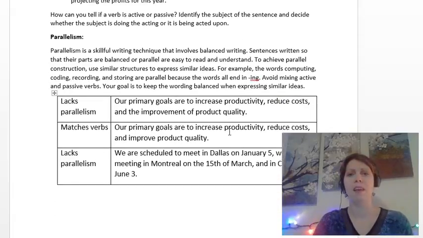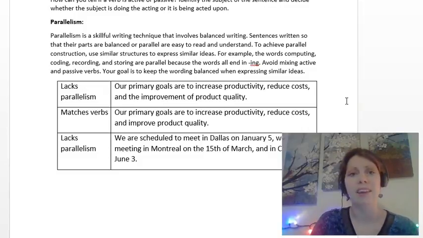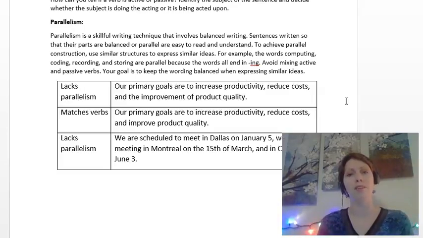All right. Now let's look at parallelism. So parallelism is a skillful writing technique that involves balanced writing. Sentences written so that their parts are balanced or parallel are easier to read and understand. So to achieve parallel construction, use similar structures to express similar ideas. For example, the words computing, coding, recording, and storing are parallel because they all end in ing.